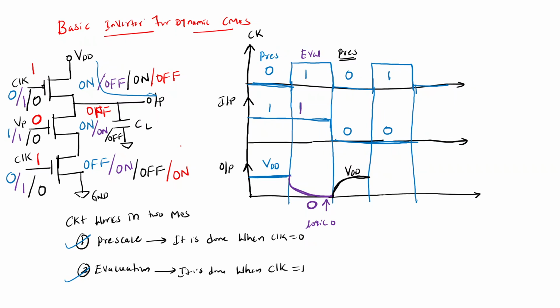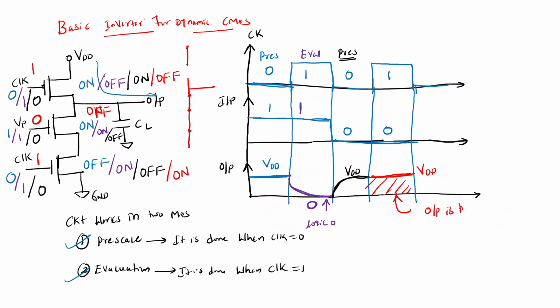Basically the capacitor should discharge, but here there is an open circuit, so a high impedance state will occur. The output will be available at high impedance.